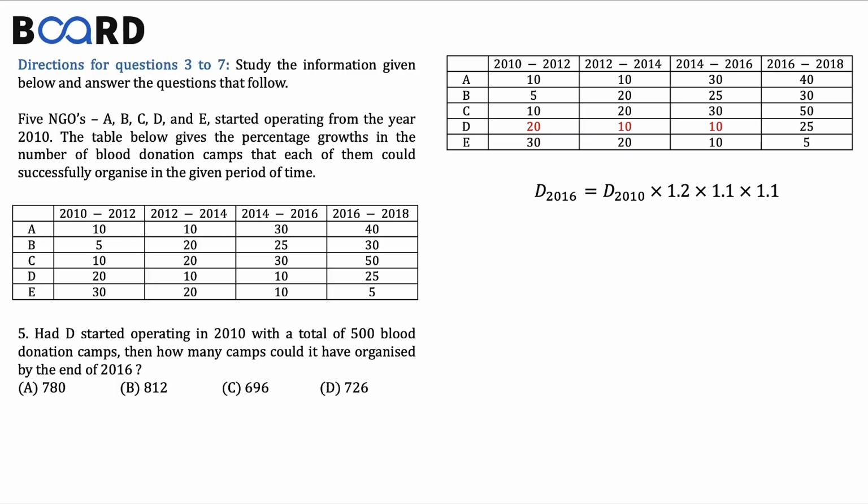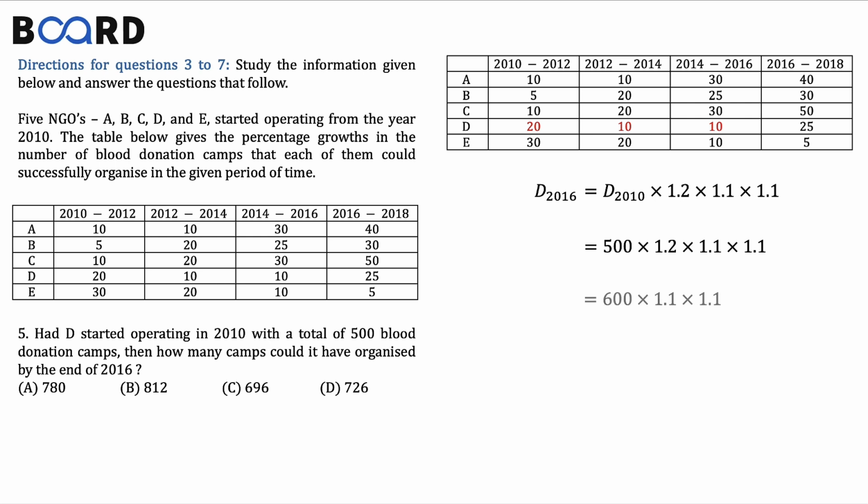So if I'm increasing by 20%, I'm multiplying by 1.2. Increasing by 10%, I'm multiplying by 1.1. So I've done that twice. The value of D in 2010 is 500 blood donation camps, so we start by writing 500 into 1.2, 1.1, 1.1.